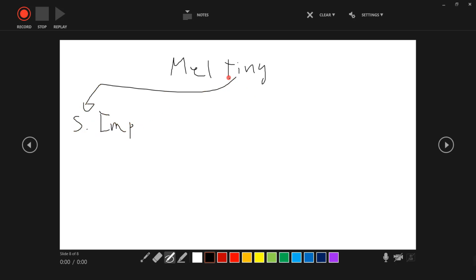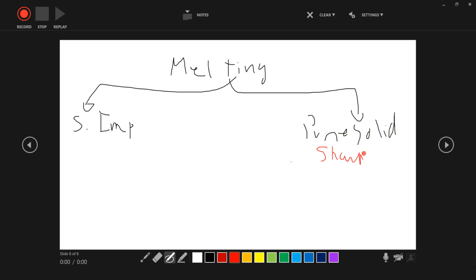there are two cases of melting point. And when I have a pure solid, what is the difference between those two melting points? When you have a pure solid, the melting point will be sharp, a sharp number, only one number. For example, 30, a sharp number. And it will be a little bit higher in comparison with a solid with impurities.